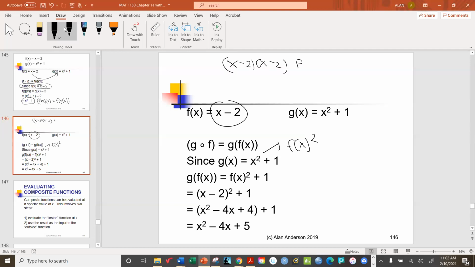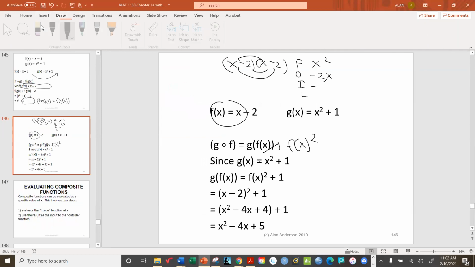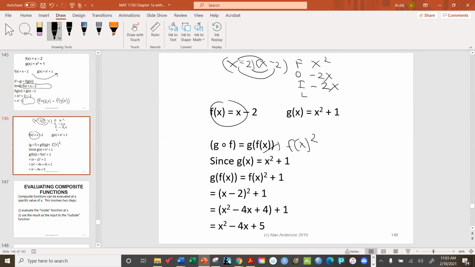And you'll have first, then outer, minus 2x, and last would be these two.